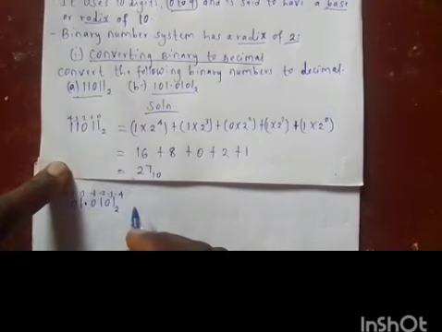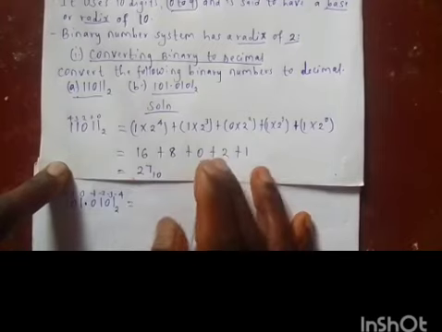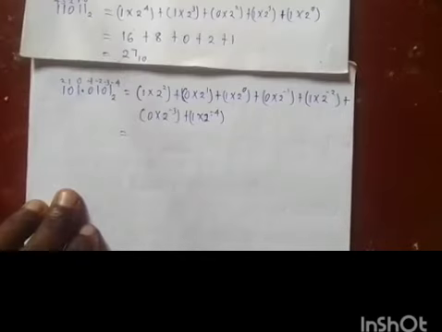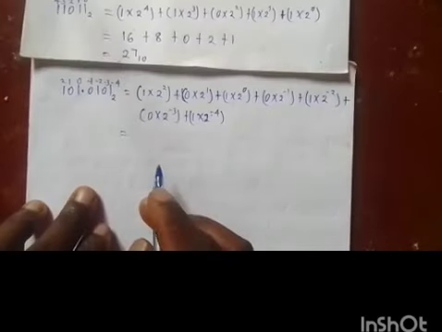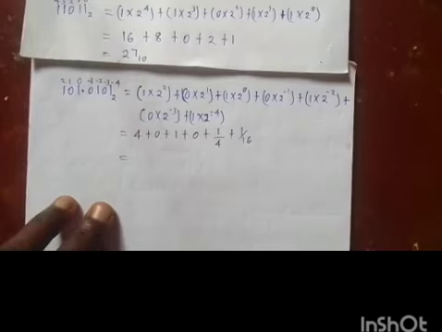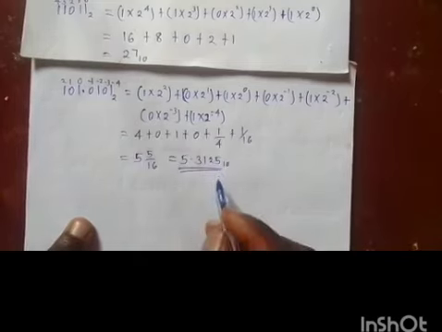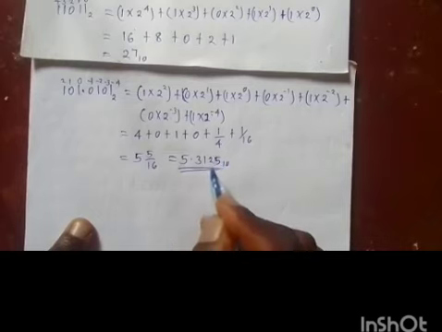And then we multiply each digit by 2 raised to the power of these numbers, and then we add the products. So we open the brackets and solve to have 5.3125 to the base of 10.